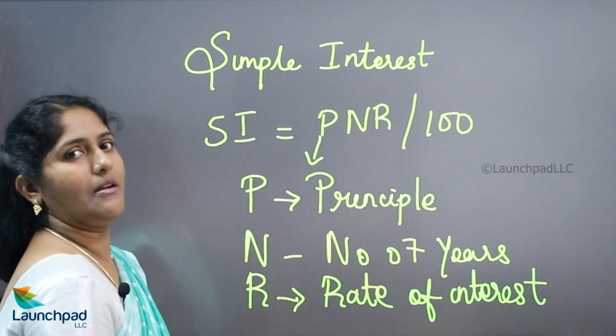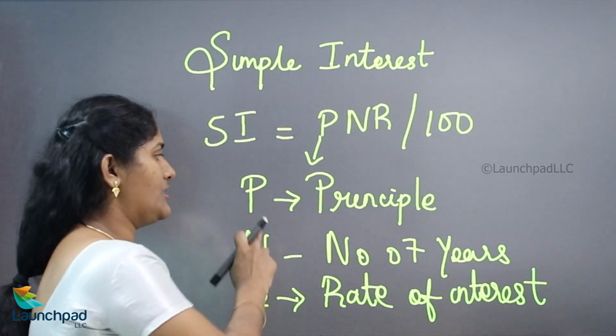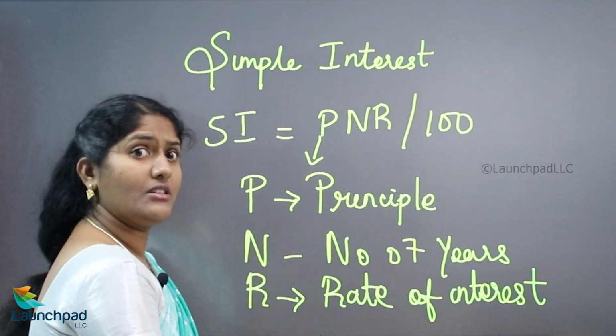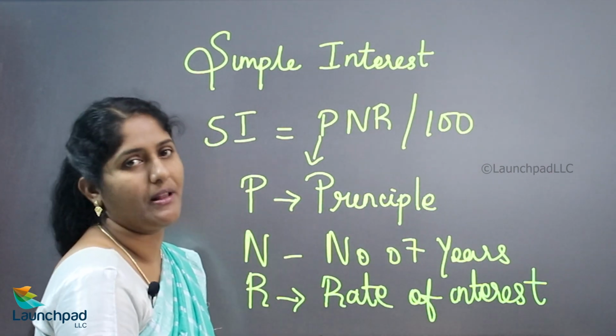So, this is the formula for finding the simple interest: principal, number of years, rate of interest. According to this, we can get the answer of simple interest for a particular principal amount.